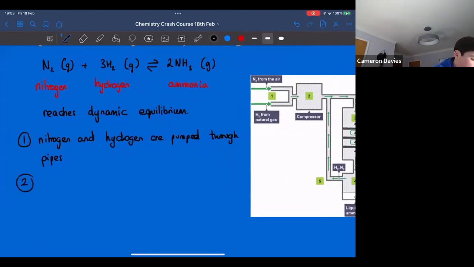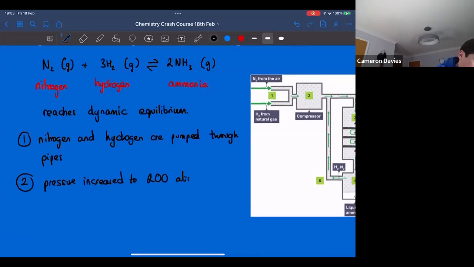And then from there, we increase the pressure to 200 atmospheres. Now, an atmosphere is equal to 1,000 kilojoules, just to put it into perspective. So it's very, very high pressure.